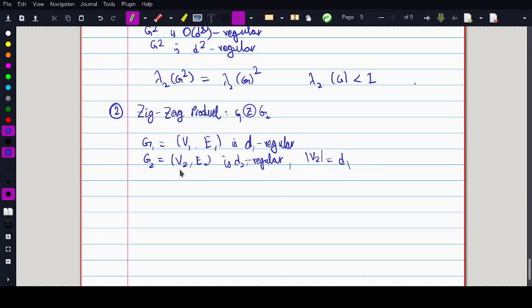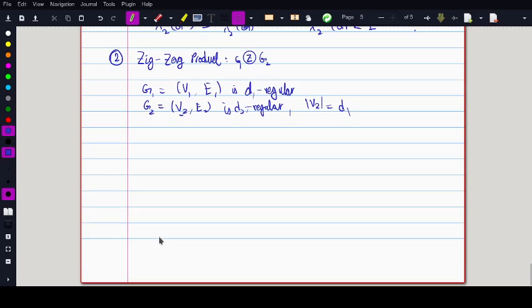So the size of V2 is equal to the regularity of the first graph. Then you define G1 Z G2 as having vertex set V1 cross V2, the Cartesian product, and a new edge set E.